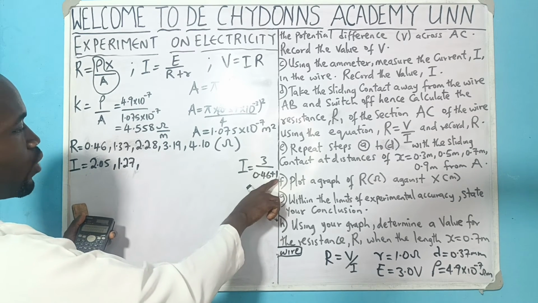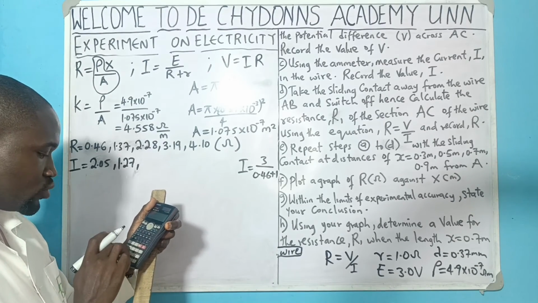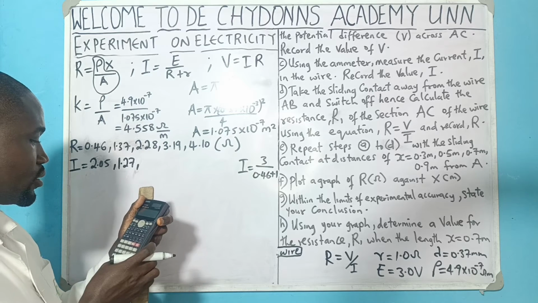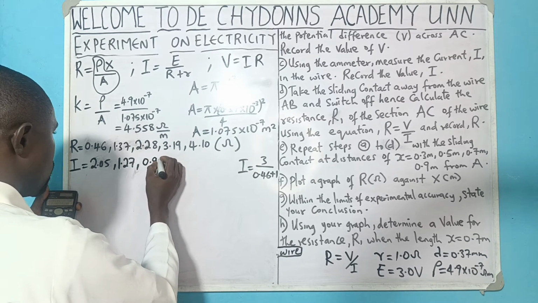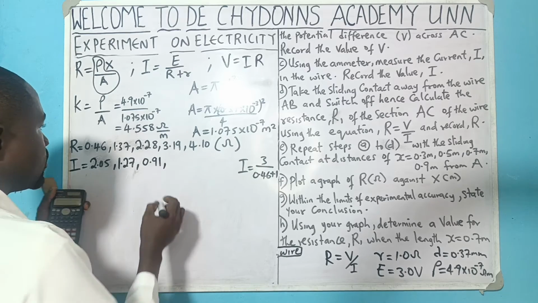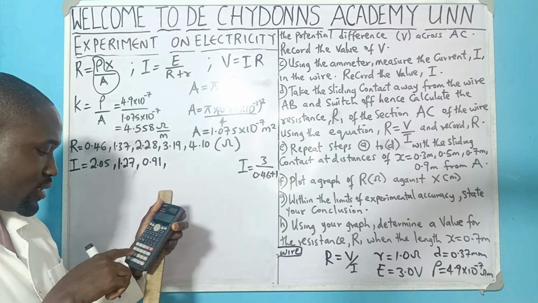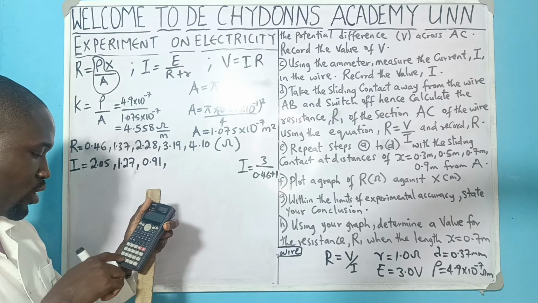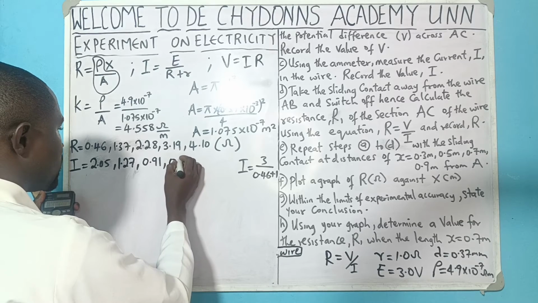Then we check again. 2.28 plus 1, that is 3.28. 3 divided by 3.28, that will be 0.91. Then 3.19 plus 1, 4.19. 3 divided by 4.19 is 0.72.